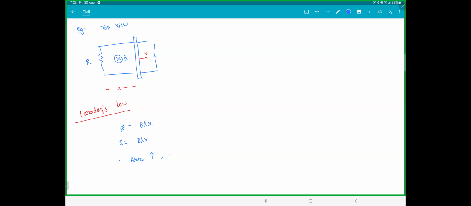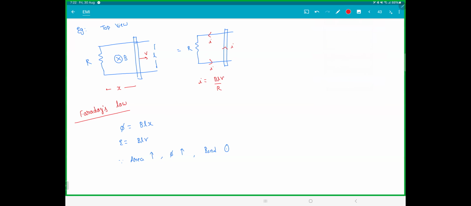Since area is increasing, flux is increasing, induced B will oppose, so it will be this way. Therefore, the EMF is anti-clockwise. Now Faraday has no idea where the battery is. He will simply say there is a current I flowing like this, and I is equal to BLV by R.